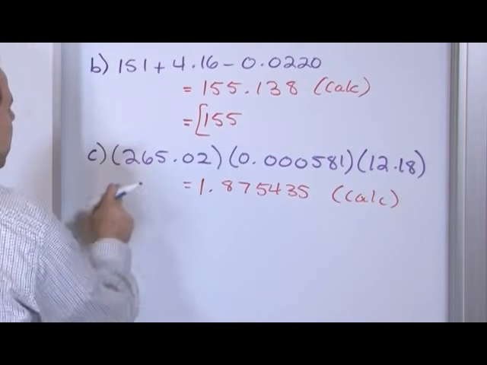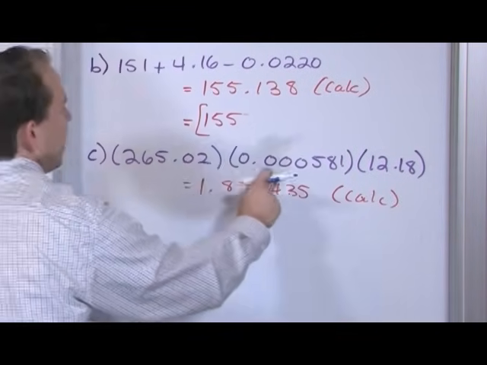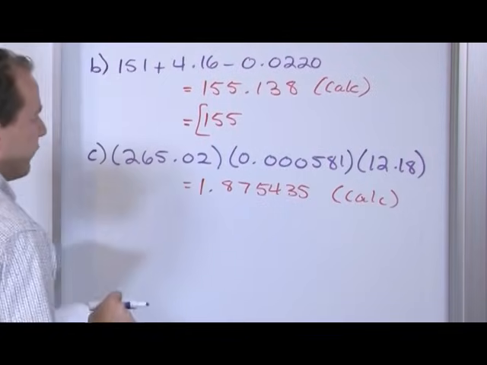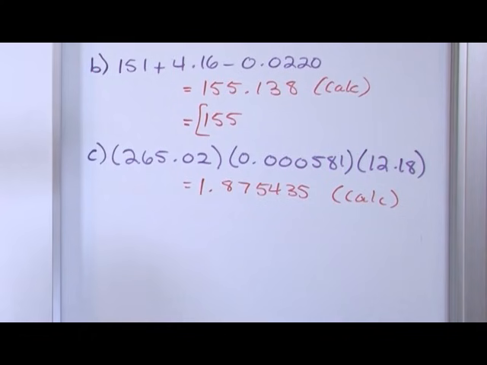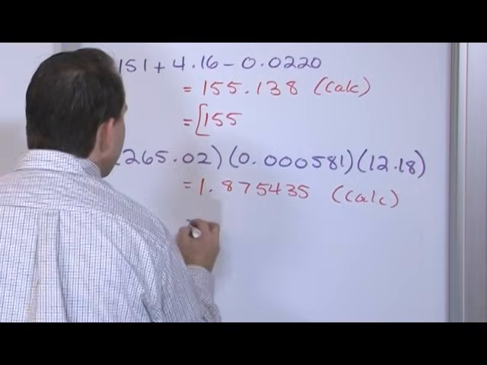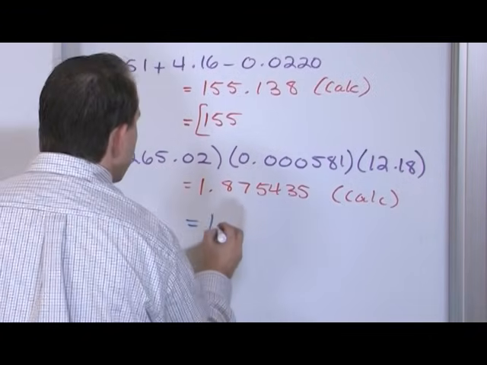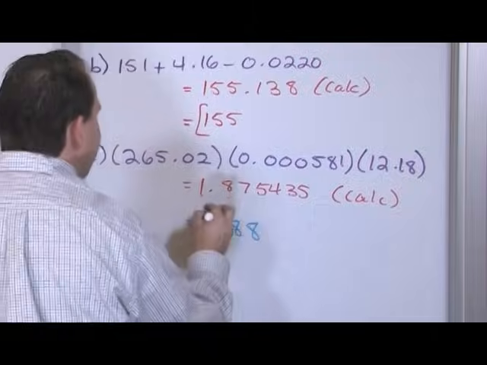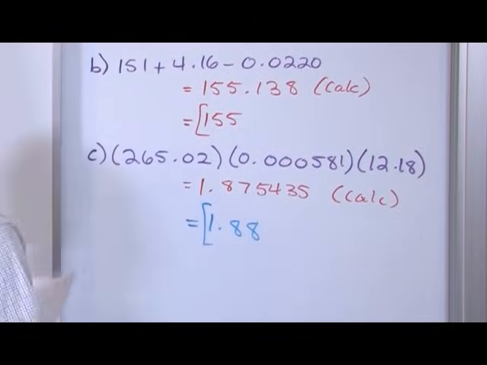So again, 5 significant figures, 3 significant figures total, and 4 significant figures total. We're not looking at what's after the decimal or before, we're counting total significant figures. So the smallest of these is the 3 significant figures here, so we want to round to 3 significant figures, 1.88. This is a 5, so we round this up to 8. We have 3 significant figures in our final answer, and that is the answer.